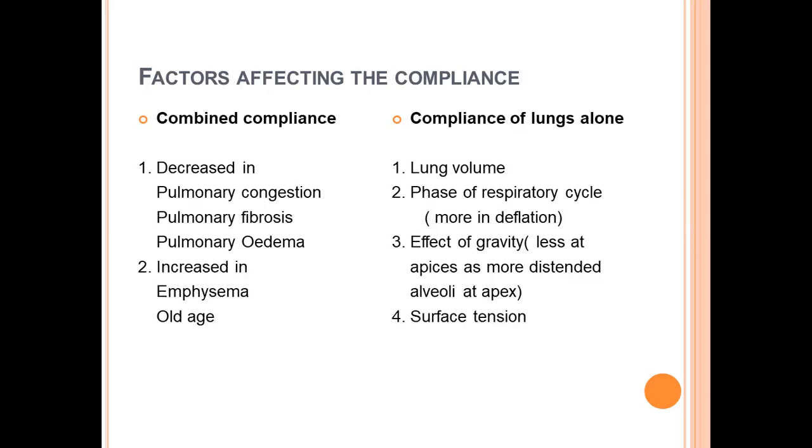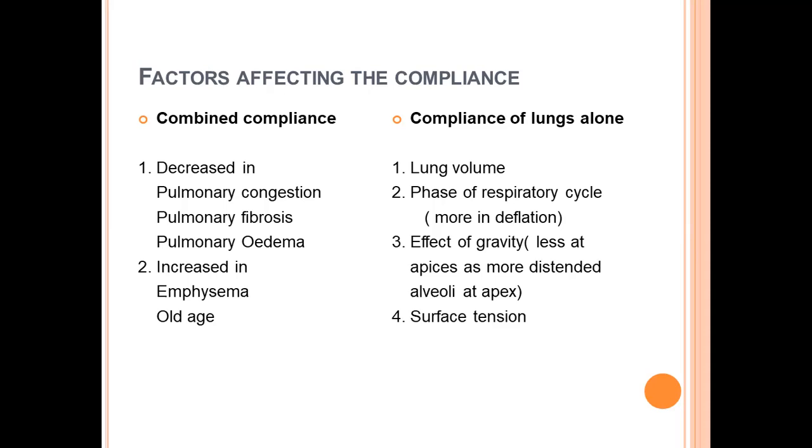Then it depends on the phase of the respiratory cycle also. The compliance is more in deflation and less in inflation. It is affected by gravity also. In the upright position, the compliance is less at the apices, as there are more distended alveoli at the apex.